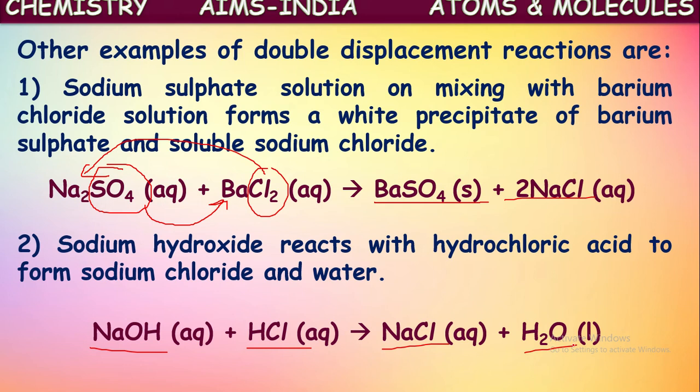What's happening here? The chlorine combines with sodium to form sodium chloride, and the hydroxide ion combines with hydrogen to form water. Mutual exchange of ions is occurring between these two molecules. So it is a double displacement reaction or double decomposition reaction.